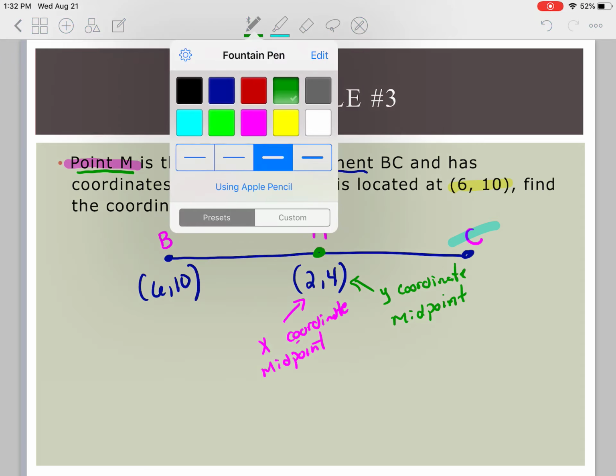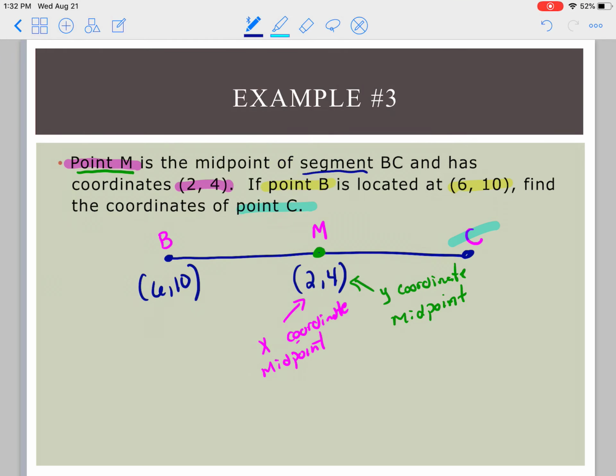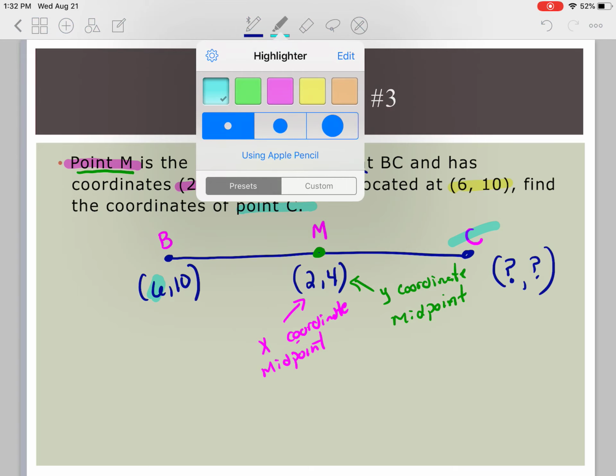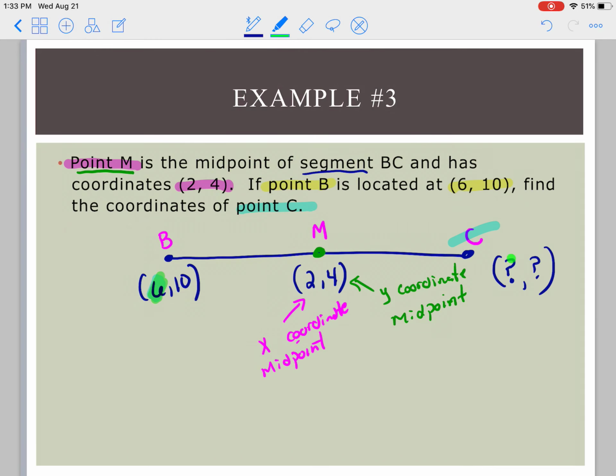The reason being, when I set up my equation, I know that the x coordinate 6 of point B is going to be added with some unknown value over here on the C coordinate and then divided by 2 to equal 2.